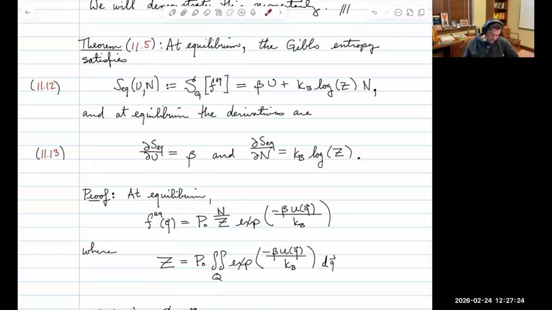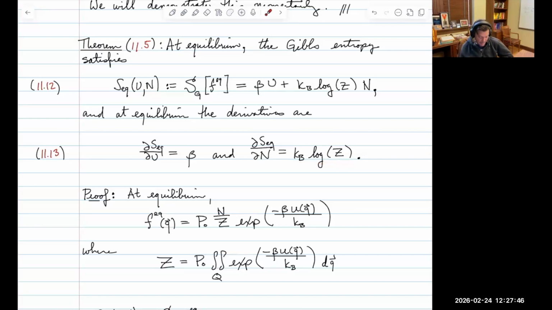At equilibrium, the derivatives of this function: there are only two variables, right? U and N. So the derivative with respect to U should give me beta, as we'll show, and the derivative of the equilibrium entropy with respect to N gives me this term.